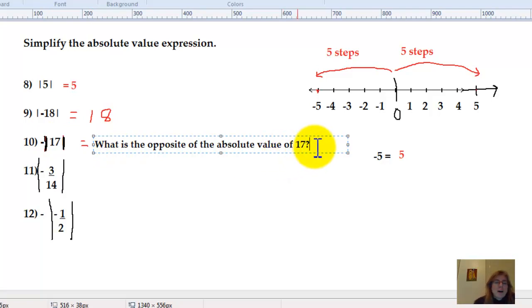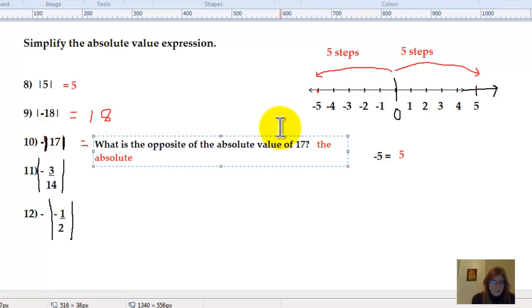However, we do solve the absolute value inside of the absolute value signs first. So the absolute value of 17 equals 17. And so now it wants the opposite.